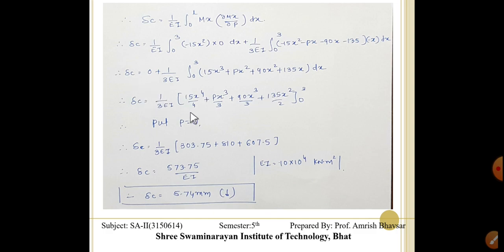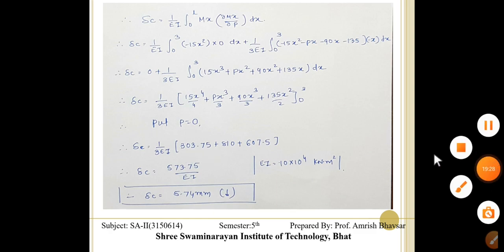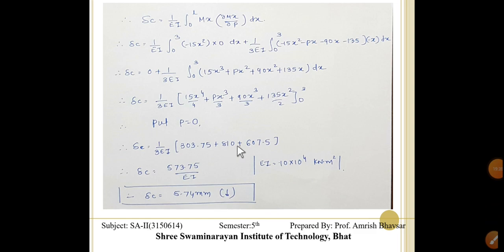We will get 1 upon 3EI of 303.75 plus 810 plus 607.5. So, our delta C is equal to 573.75 upon EI. Now, we have the value of EI equal to 10 into 10 raised to 4 kilonewton meter square. So, we will get the deflection at C, that is 5.74.